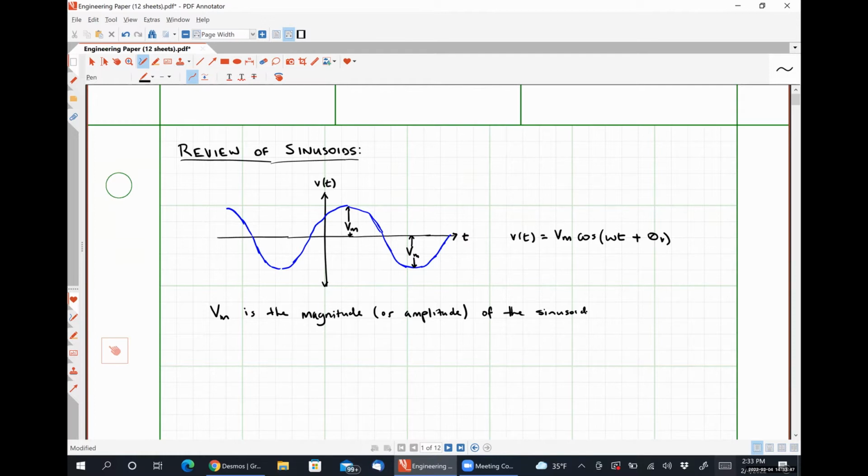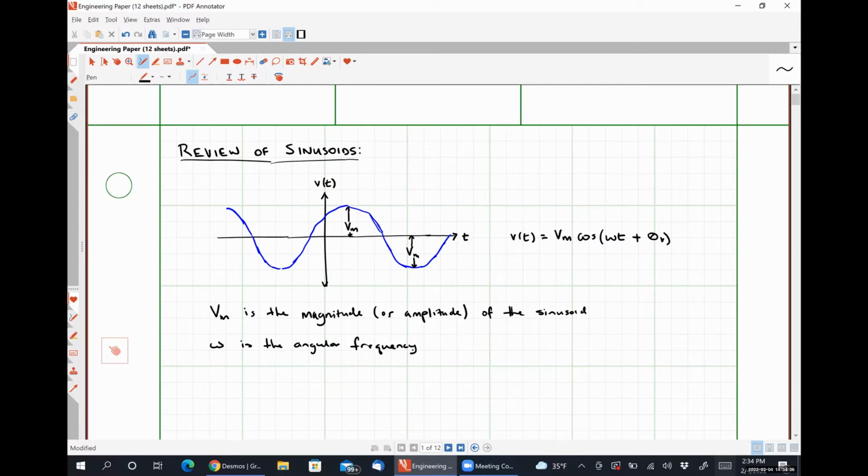Omega is the angular frequency of the sinusoid. We're going to develop some relationships here because you can't really see omega in the graph.